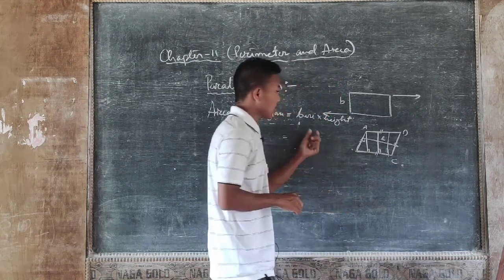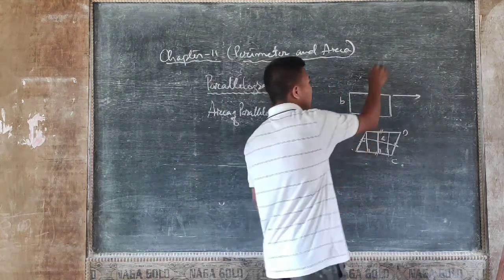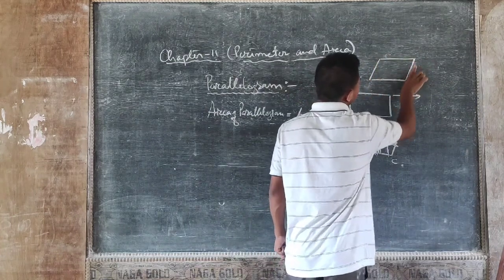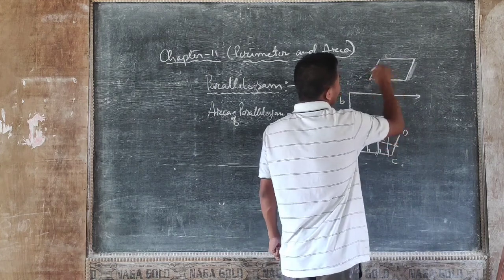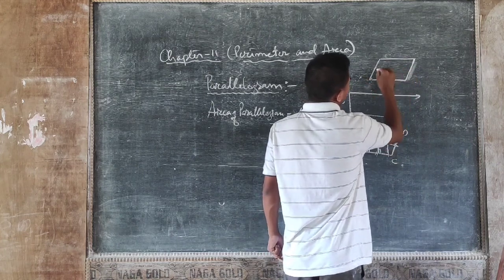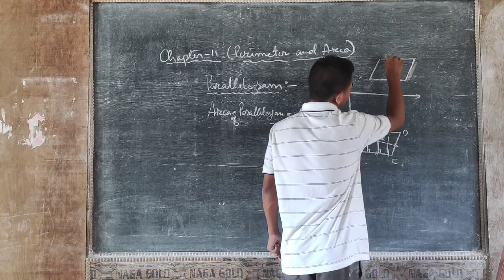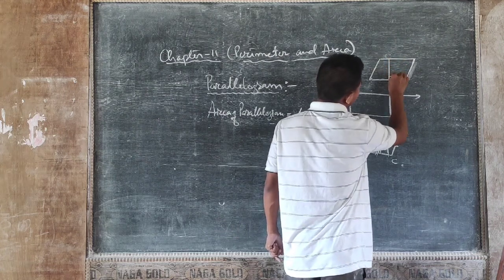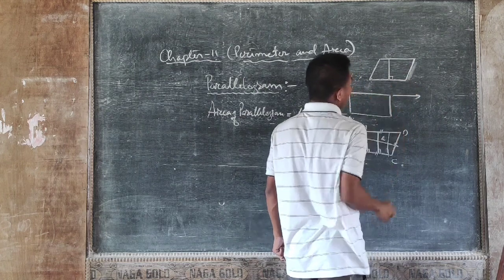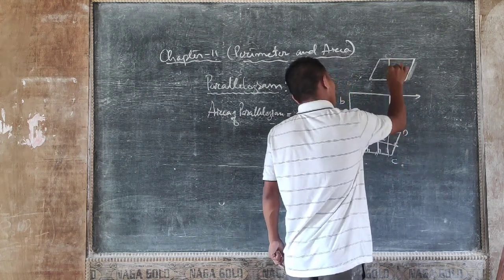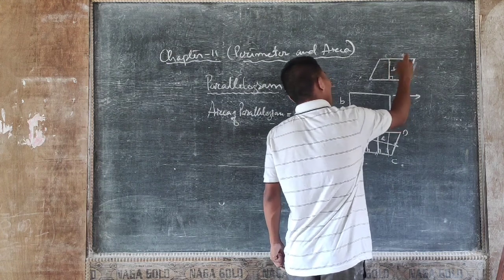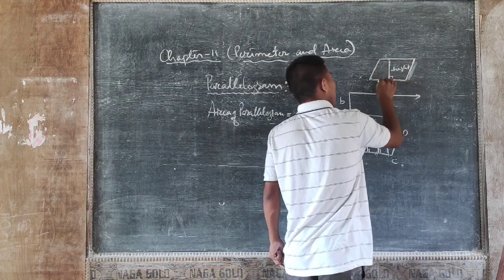So if you are confused with the base and the height, remember that this is the figure. Let me suppose let's say this is the figure, and if I draw from here a straight line and make it 90 degree with this line, so this line will be called the height, and the side on which the height stands will be called the base.